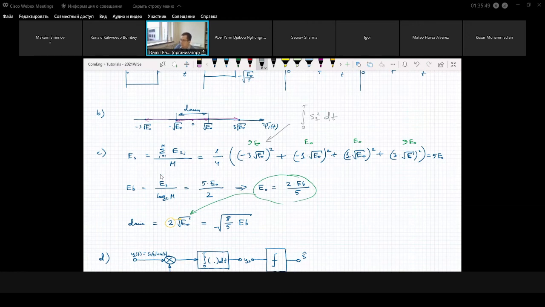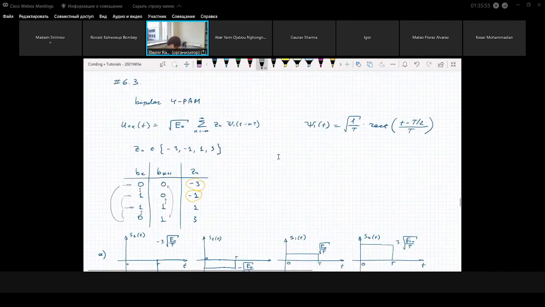But what's the result? For our signal, we use this basis function psi1, and if you calculate the integral of psi1 of t squared over time, 0 to T, it gives you 1.